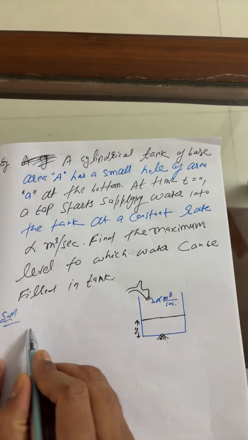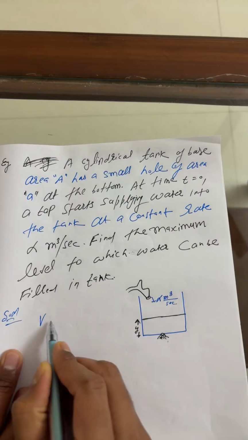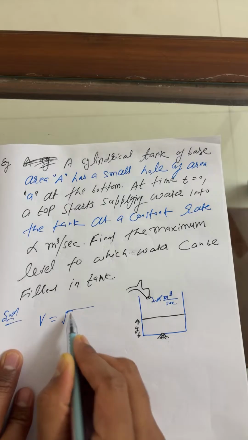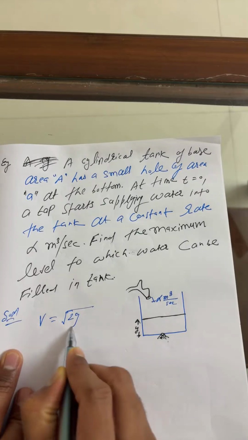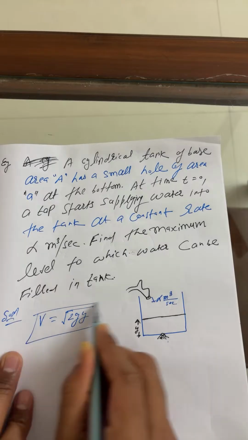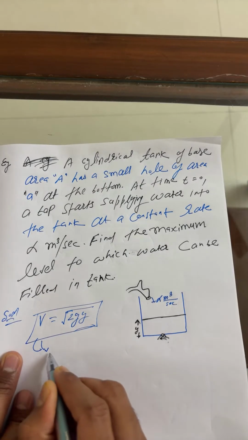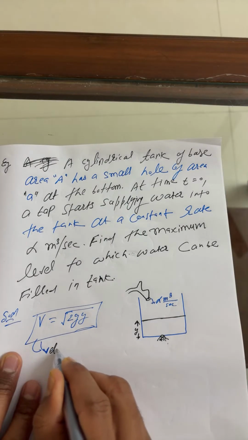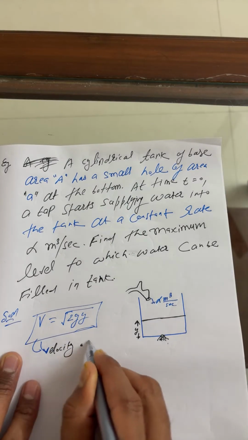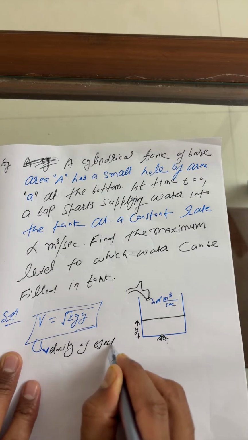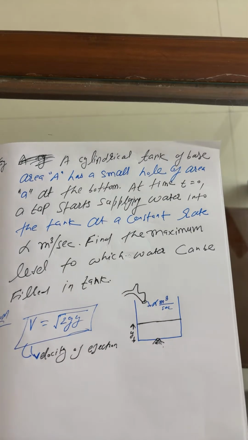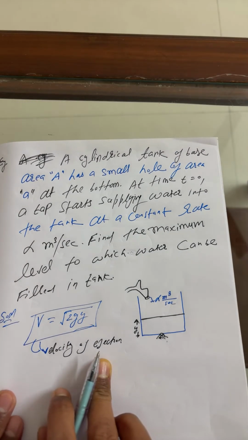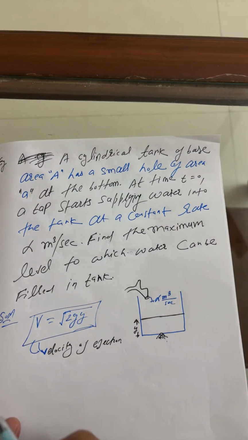This is the velocity of ejection, root of 2g y. So you can write this is root 2gy, nothing but the velocity of ejection.